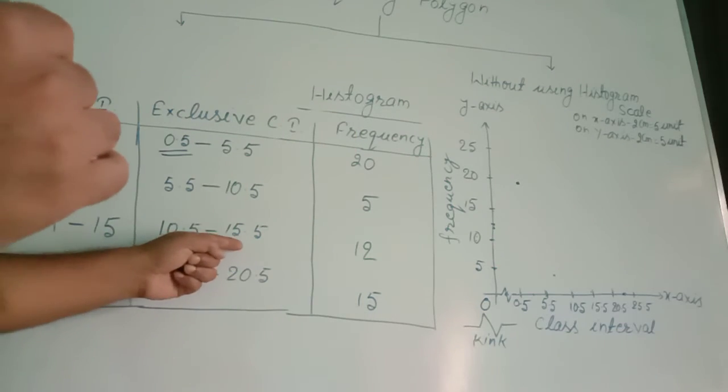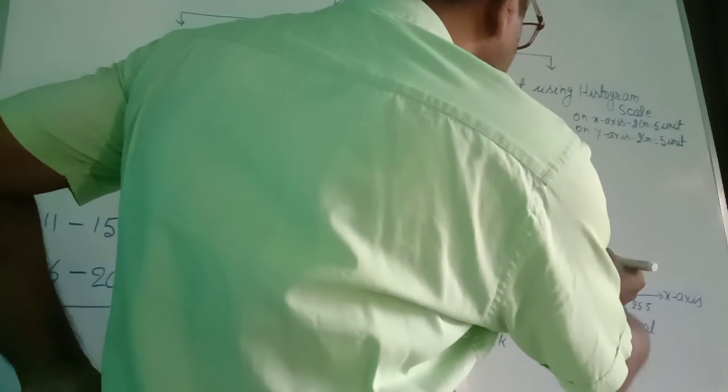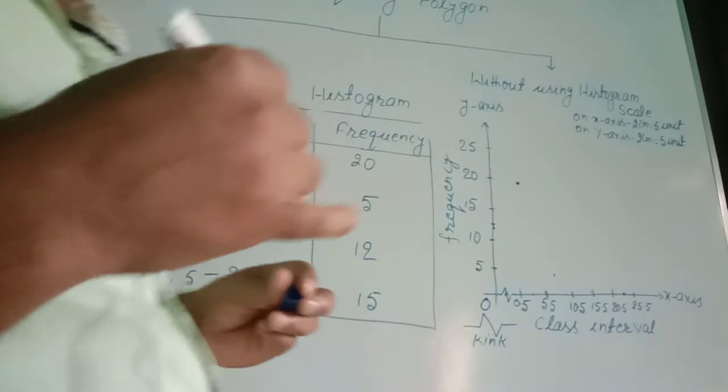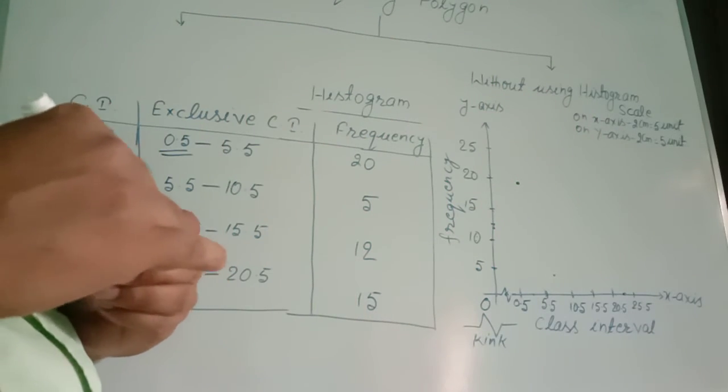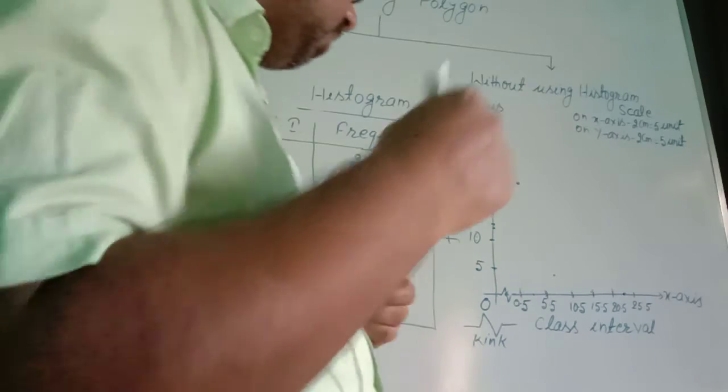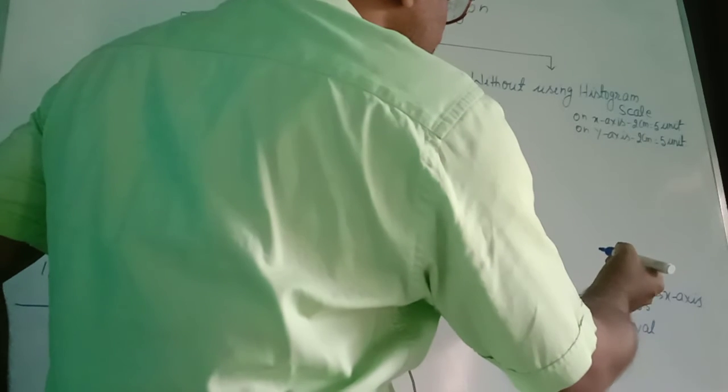Now the third is 10.5 to 15.5, frequency is 12. Here again, the same process we used to find the millimeter division for 2, that will be 8, as I calculated in the first process.